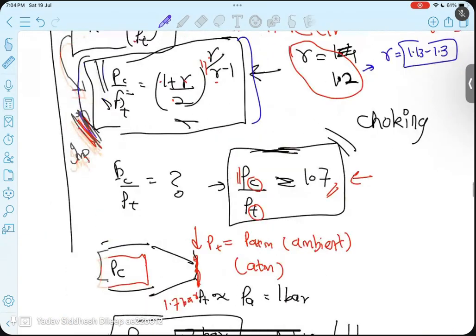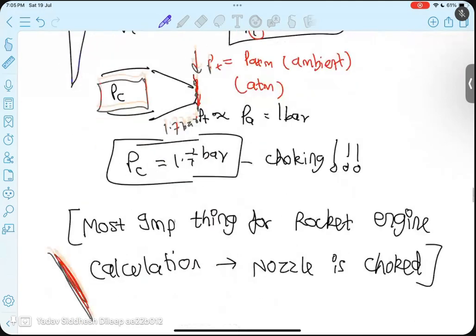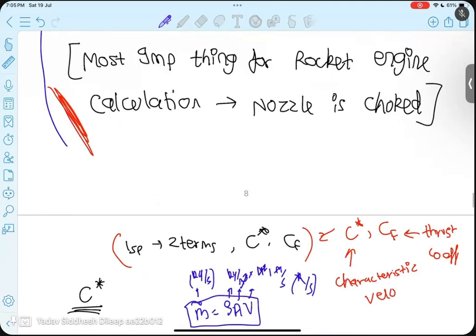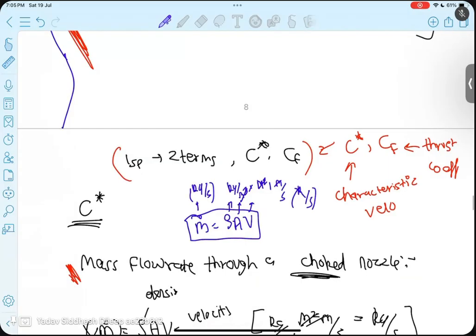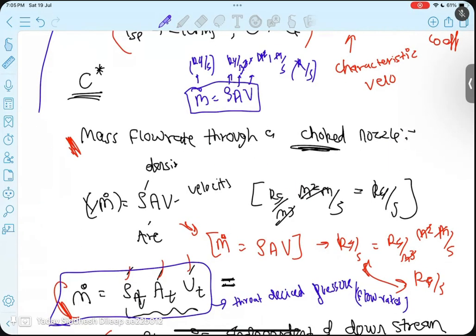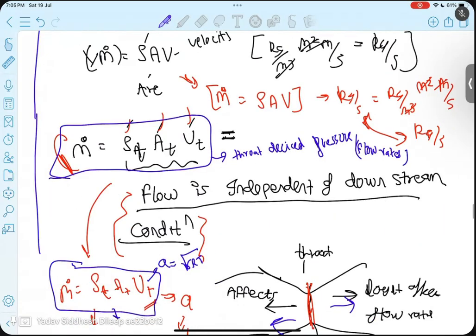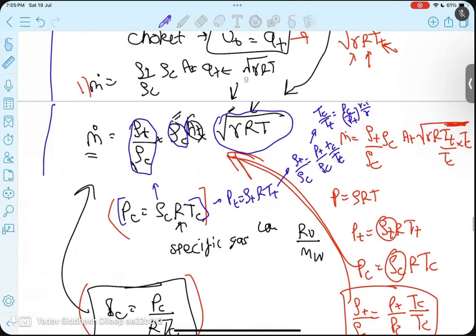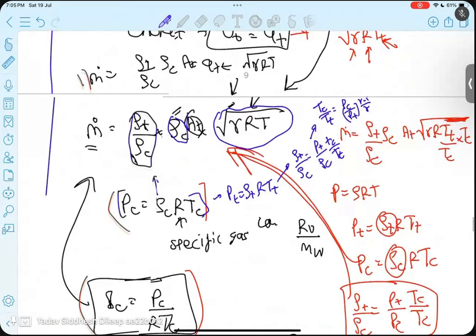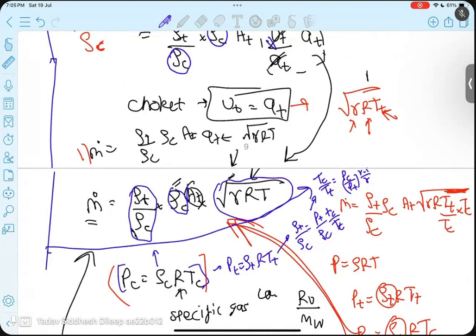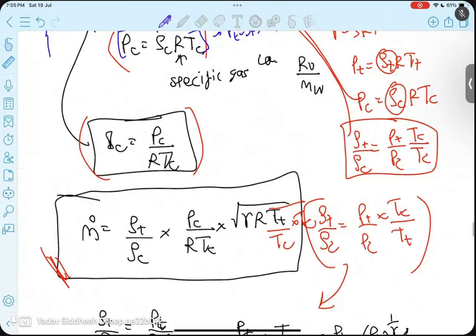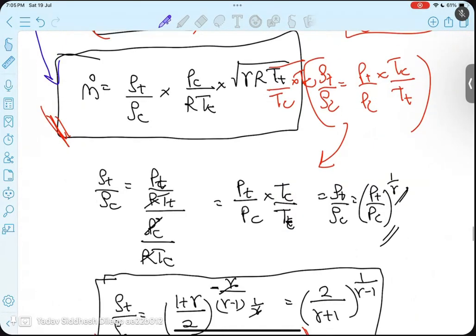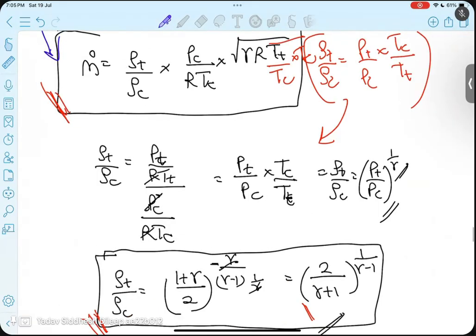So maybe I'll just draw a chain connection so that when you're looking at it, you get to know what it is. It's a very long chain. Actually, not here, I will write it here.